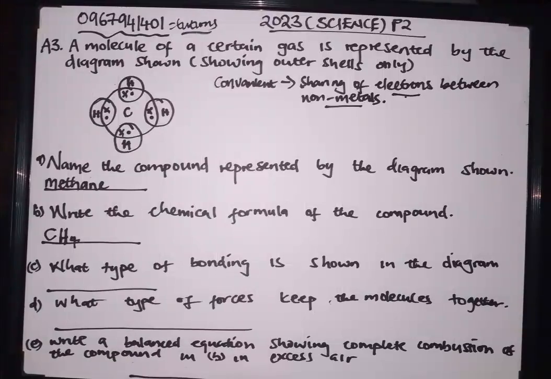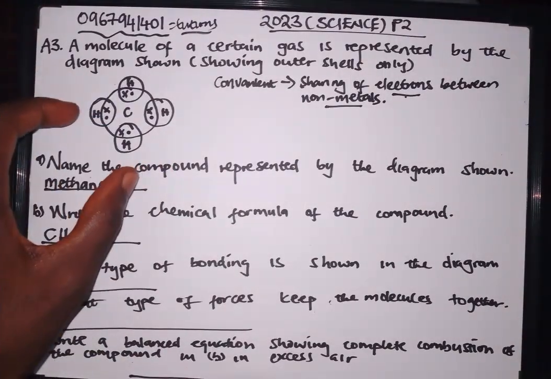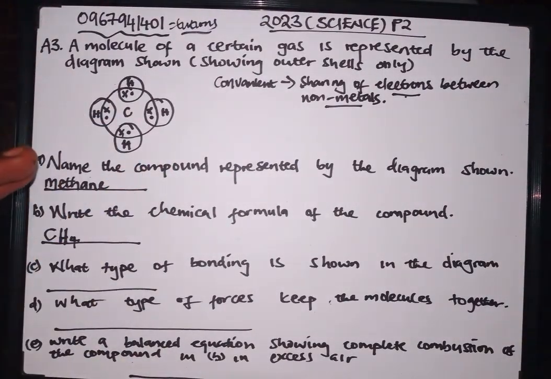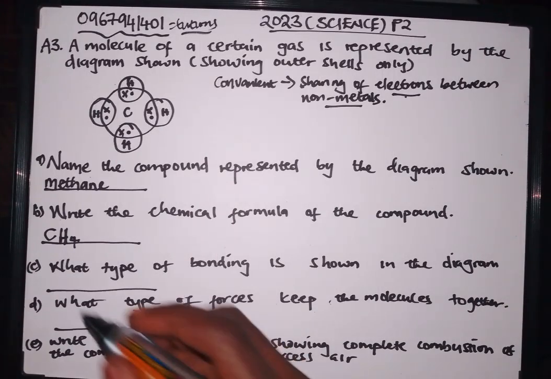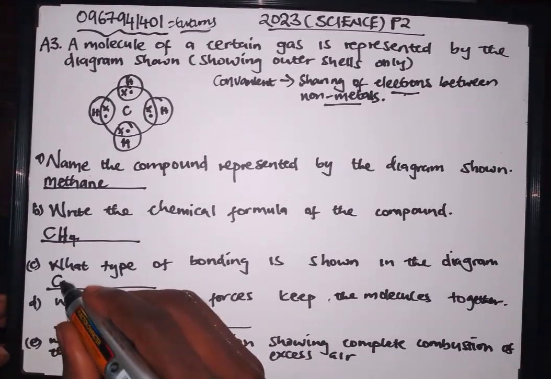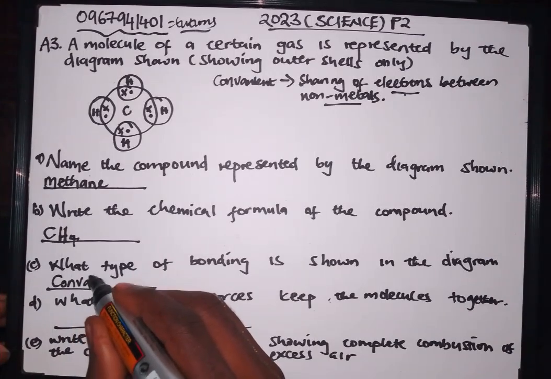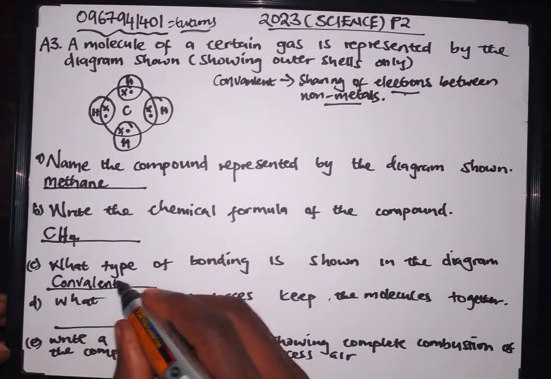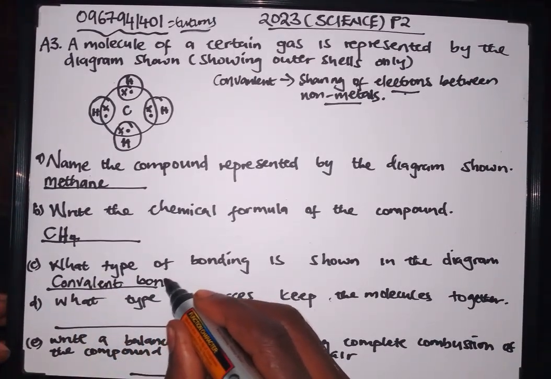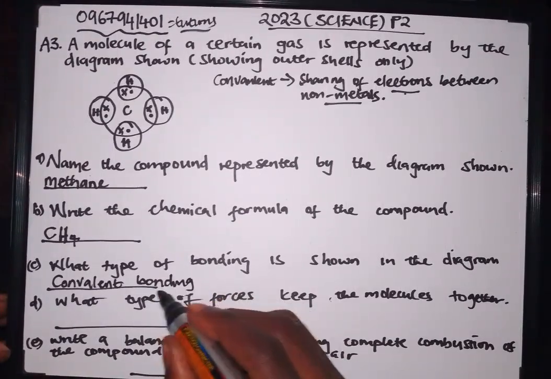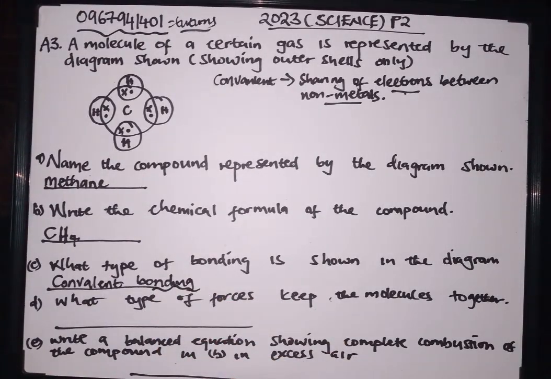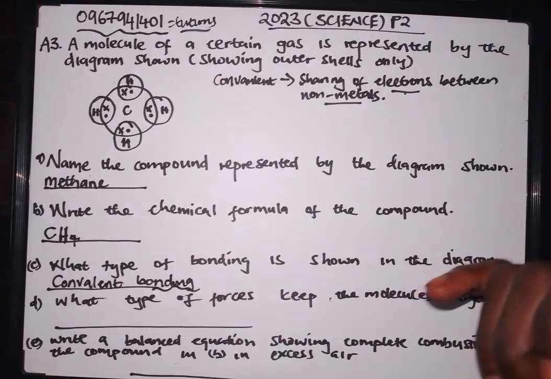Here you can see that carbon and hydrogen are sharing electrons. So here you just have to say covalent bonding. This is how simple these questions are.